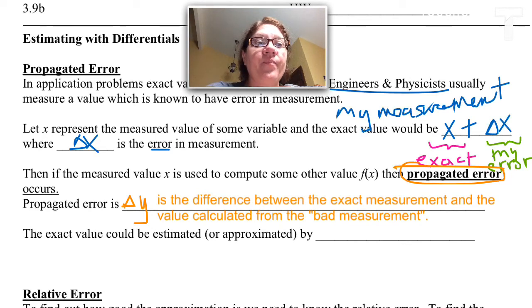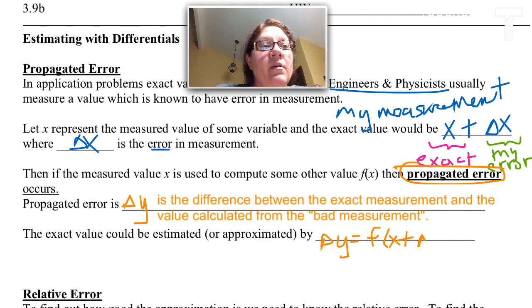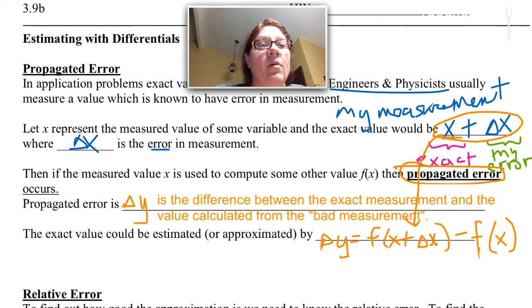So we then could say that delta y could be found by taking the y value from my measurement. Remember, this was my measurement, so the y value would be this, and subtracting the correct y value, which would be from the exact part of the measurement.